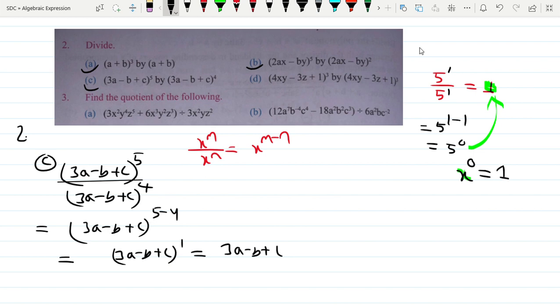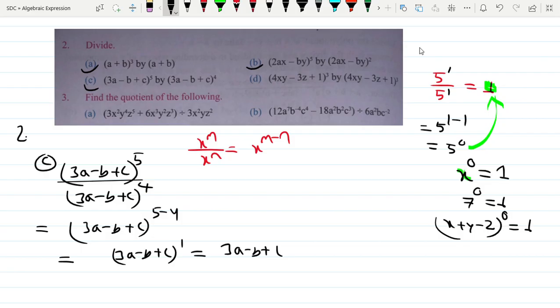Likewise 7 power 0 has value 1, and if some expression (x plus y minus z) whole power 0 is there, its value is 1. So for any real value or any expression, if its power is 0, then its value is 1.